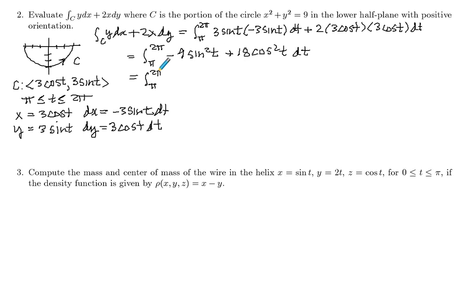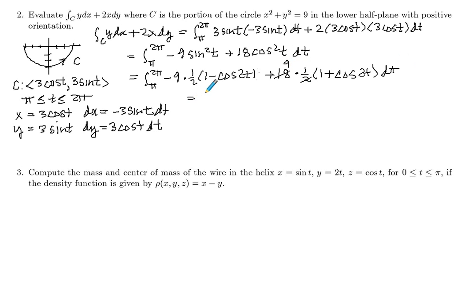So the integral from pi to 2 pi is going to be negative 9 times 1/2 times 1 minus cosine 2t, and then plus 18 times 1/2 times 1 plus cosine 2t dt. And then 2 goes into 18 9 times.